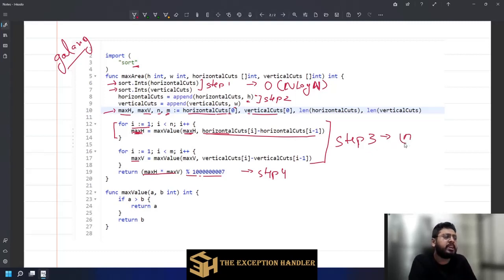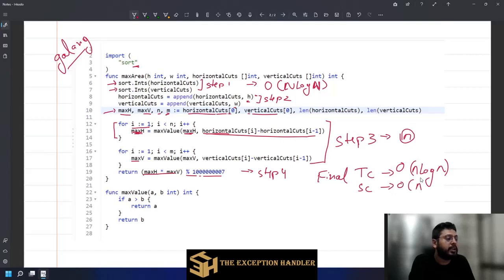So n here represents the maximum of n or m. Okay, so the final time complexity, if you see, is n log n. So this is my big O of n log n, and space complexity becomes big O of n.